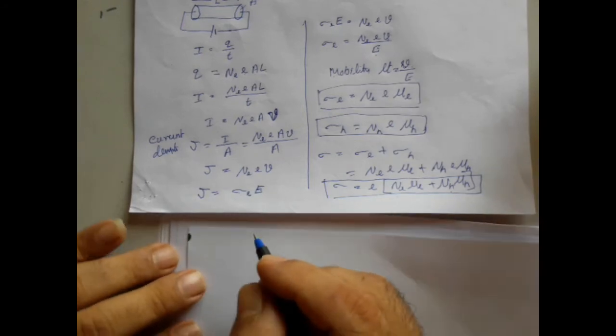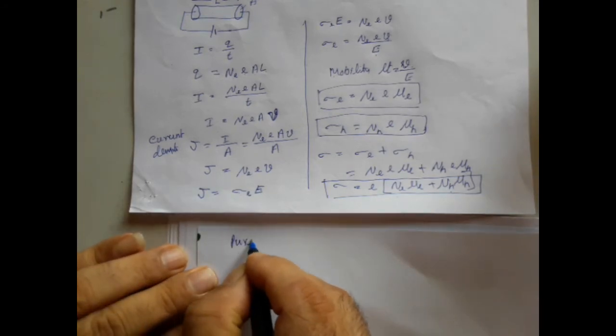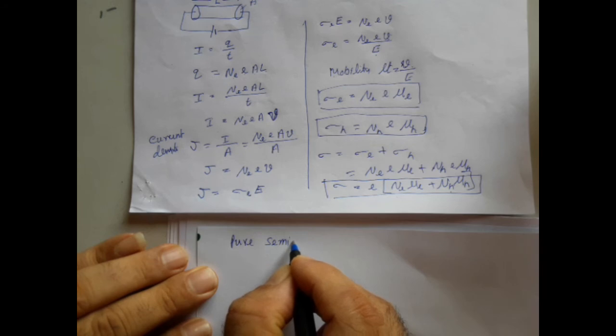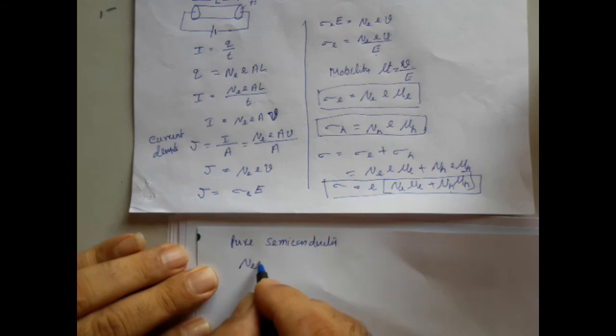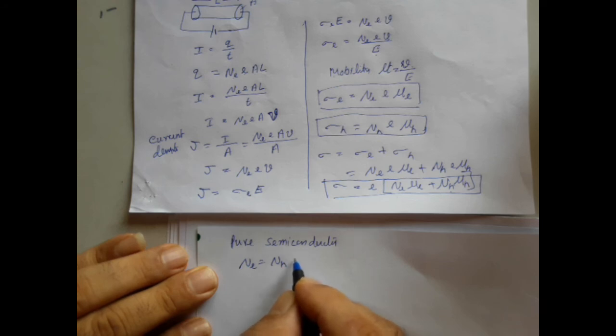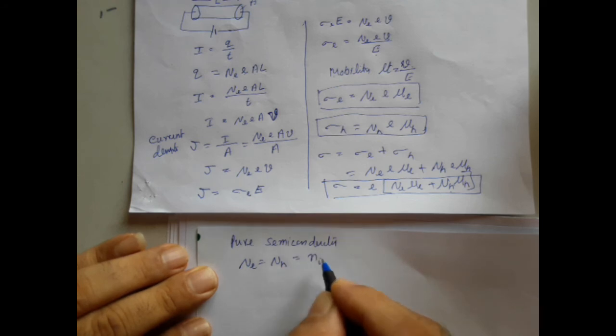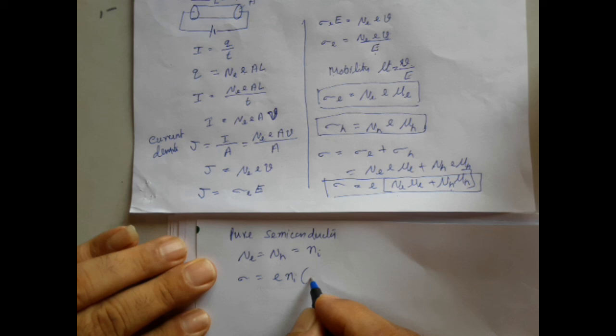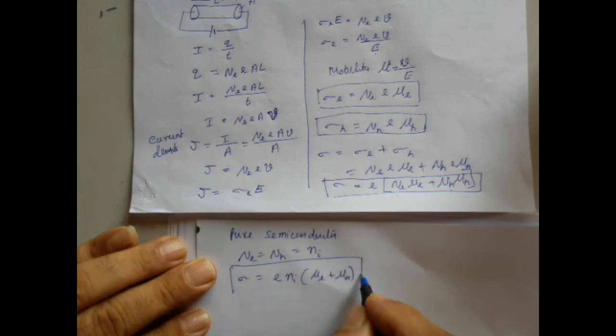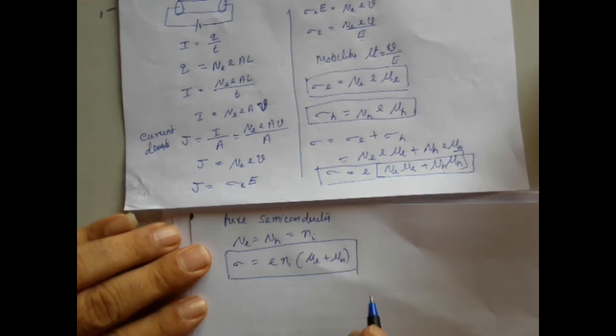So in a pure semiconductor we are aware that Ne is equal to Nh. So in general, I'll write Ni, where Ni is the intrinsic charge carrier concentration. Therefore, I can write the value of sigma is equal to e into Ni altogether into mu e plus mu h. So this is exactly the expression for the electrical conductivity in the case of a semiconductor.